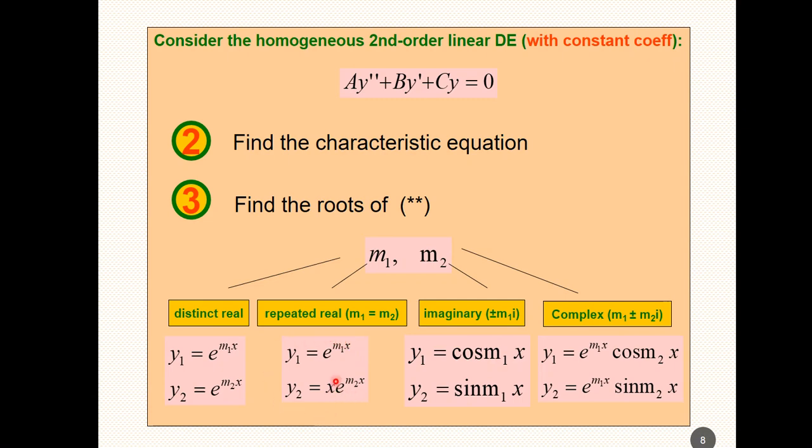So how do we modify? We modify by multiplying one of the terms by x. If you have 3 terms here, the third term should be multiplied by x squared. So we increase the exponent of the x that is being multiplied to our exponential function based on the order of the given DE.